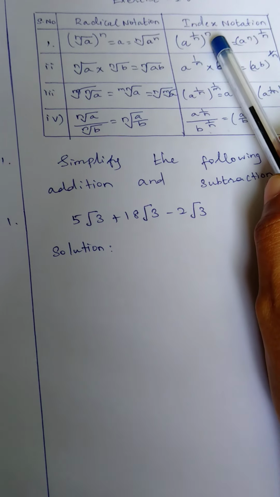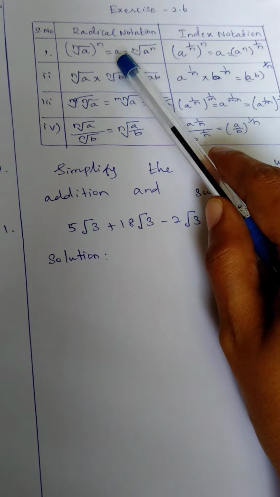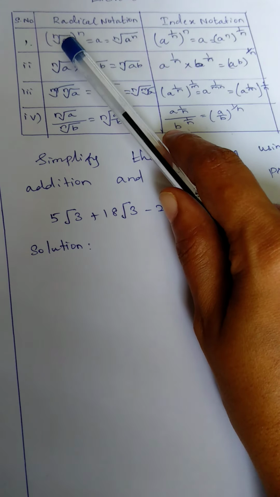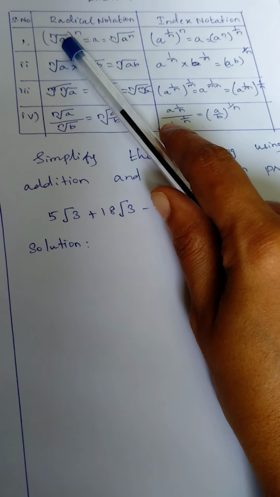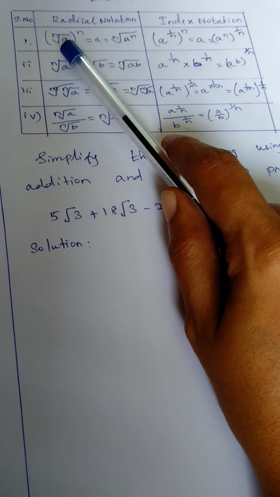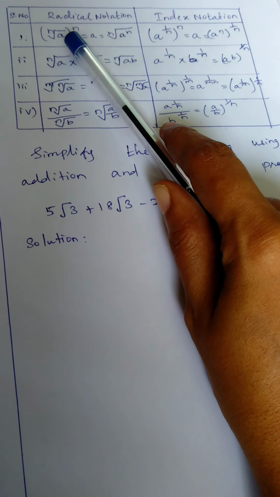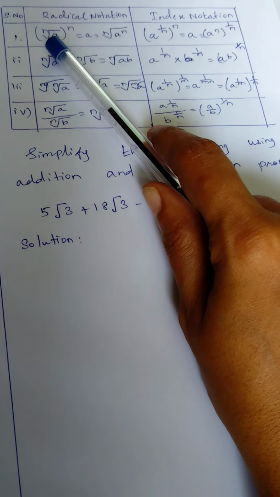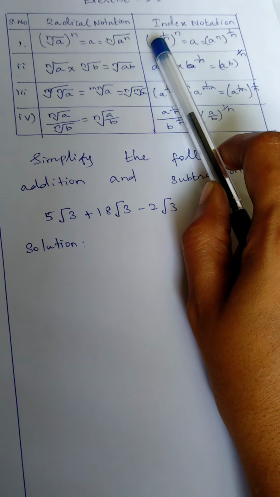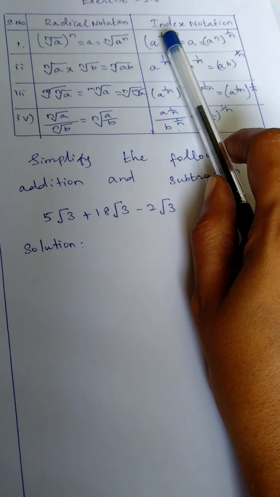Index notation means we are converting this to index notation. Index notation means we are taking this root power out and writing it as p by q method. This is a root of a. Root of a means the nth root of a, so we can write it as a power 1 by n.